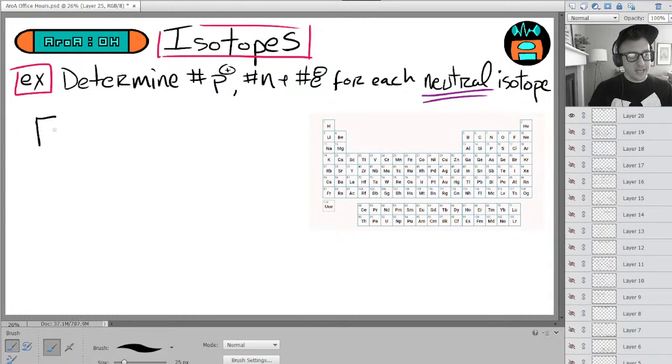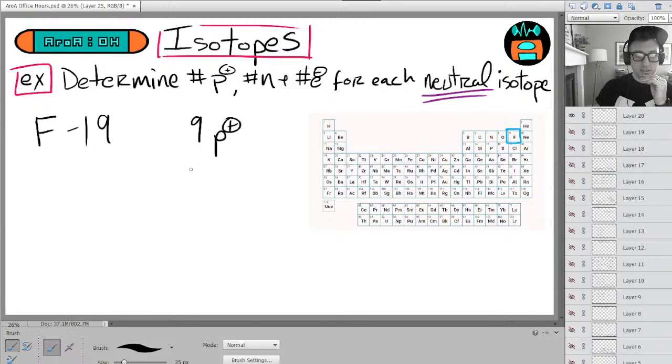All right, let's do one last example. Let's look at the neutral isotope fluorine-19. We have to find fluorine. First one is right up here. Fluorine has an atomic number of 9. This tells us that we have 9 protons and 9 electrons, because again, neutral isotope.